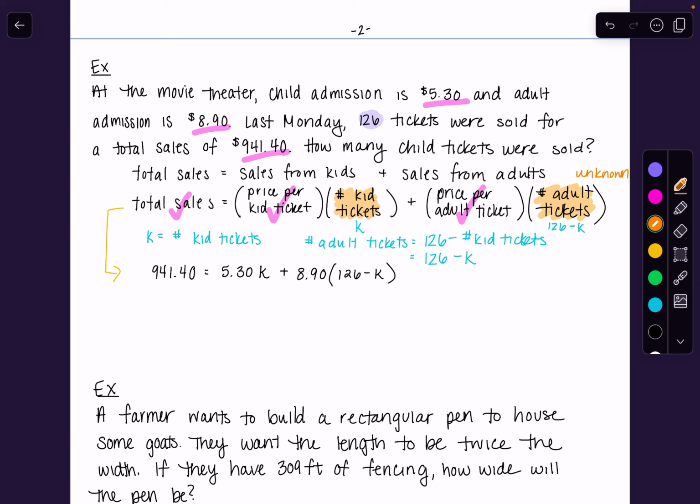So again, I've got to isolate the value of K, but the problem is I've got it in a few instances. To be able to get rid of these parentheses and move stuff around, I'm going to go ahead and distribute the 8.90 out. So we're doing absolutely nothing over here.